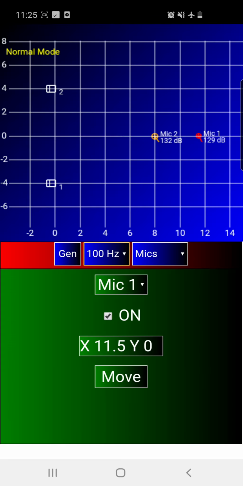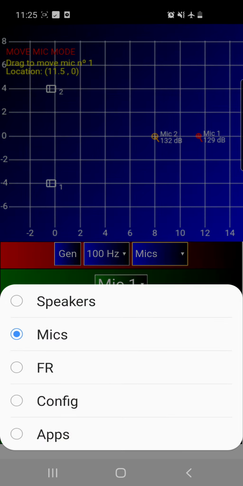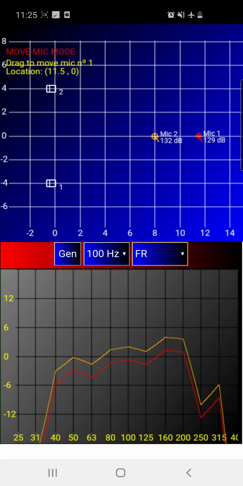If we look at the frequency response while we move the speaker, we will see a gain on frequency.